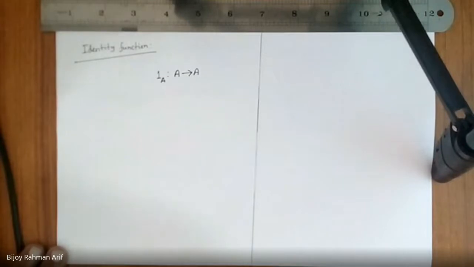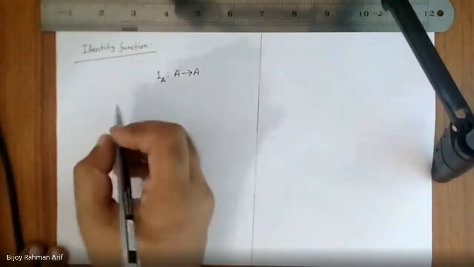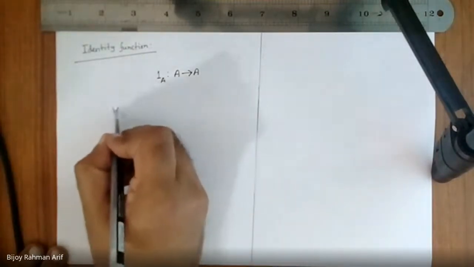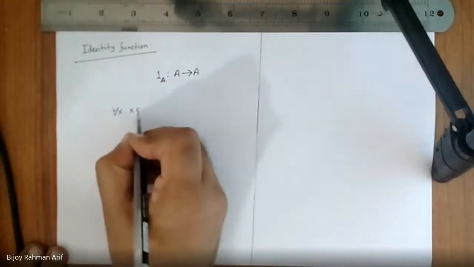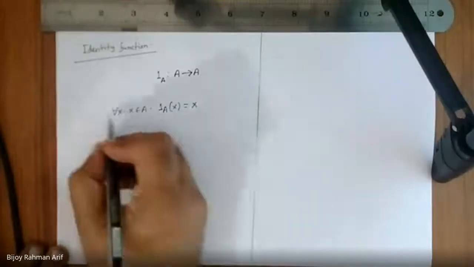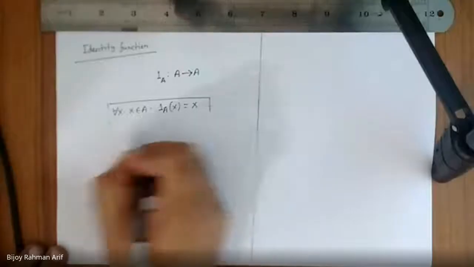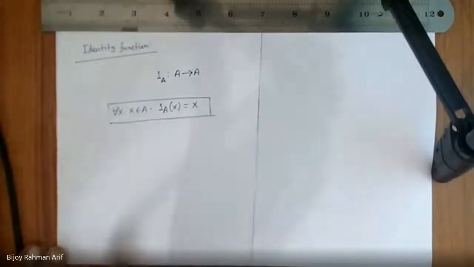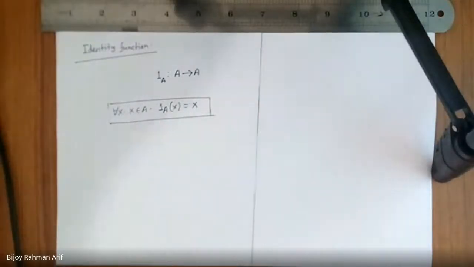Now what is the definition of the identity function? For all x belongs to A, 1A of x is equal to x. So this is the definition of the identity function. This definition is very important in defining the inverse function.